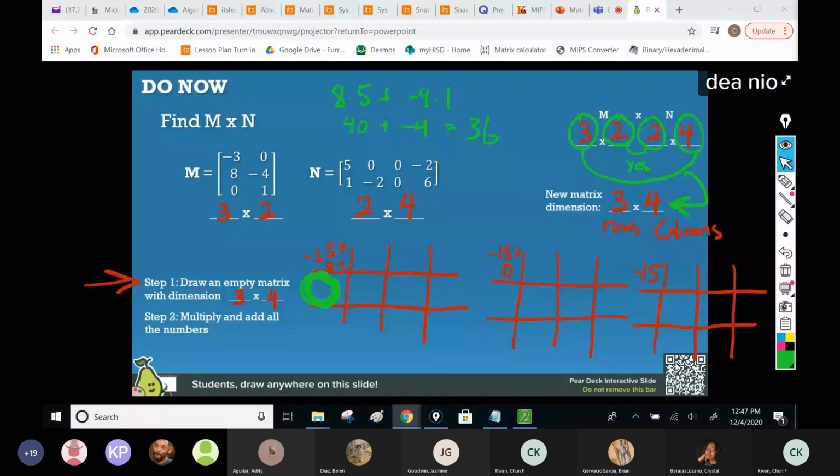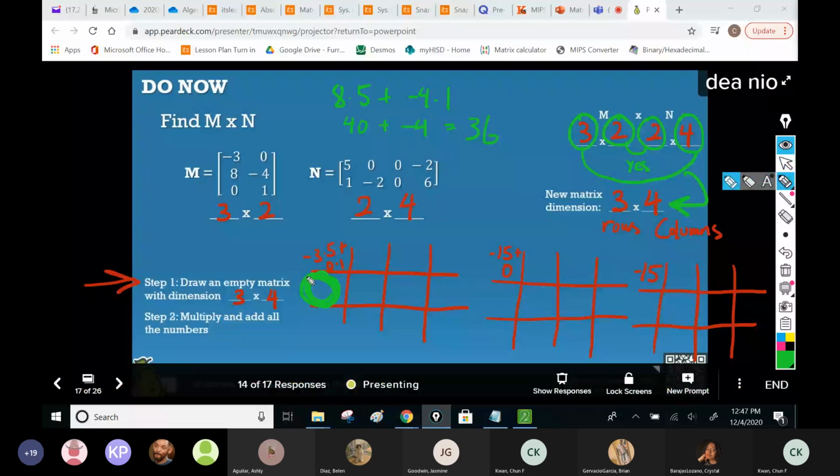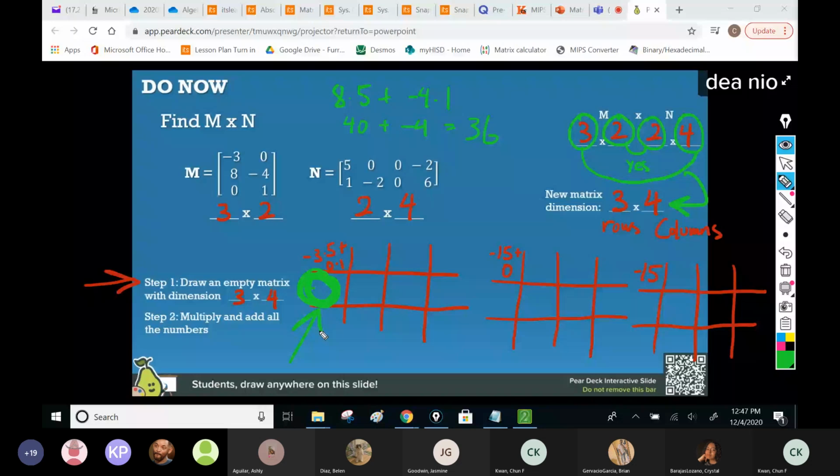Where did I get those numbers from? All right, look. So if we are talking about this box right here, this is the second row. So we need the second row right here. And then this is the first, which means we need the first column right here.